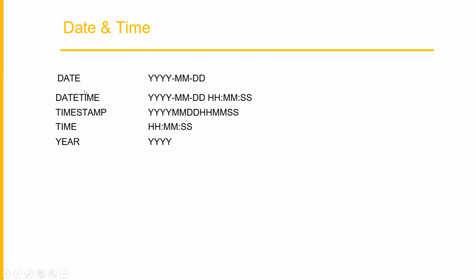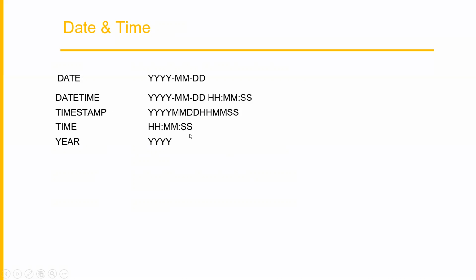In those cases we can use datetime, so that we record the particular point of time at which the event occurred. If you want to store such information, we can declare columns as the datetime data type. And timestamp is the same as datetime, so we can represent the whole year combined with the time.